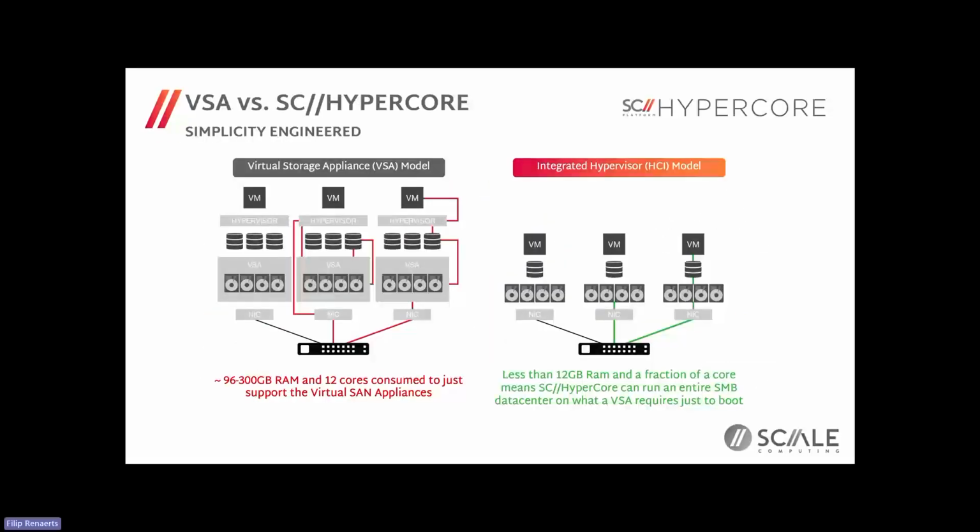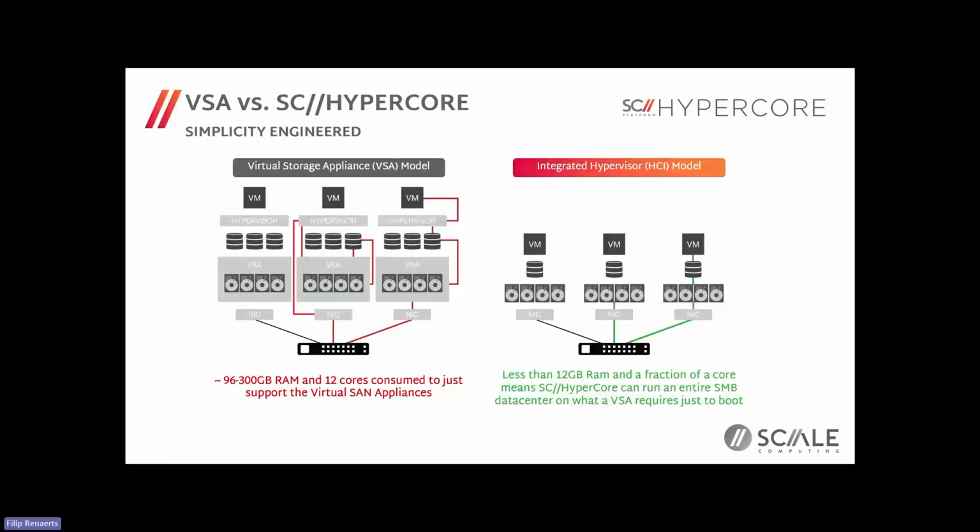Since the webinar series is about hyperconverged infrastructure, I think it's important to explain how Scale Computing is maybe different to other hyperconverged infrastructure solutions out there. One of the main differences is that we don't use a virtual storage appliance model. So the left side is a virtual storage appliance model.